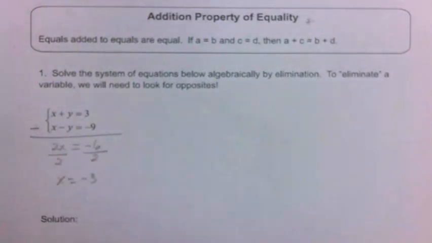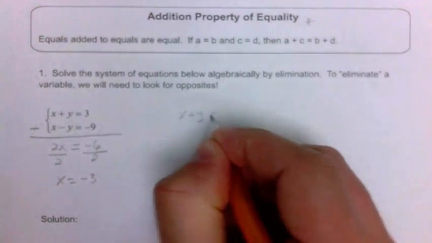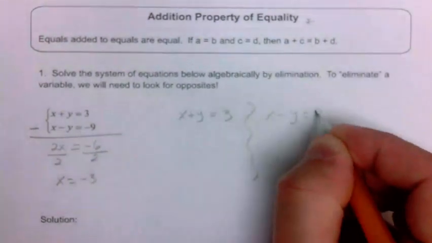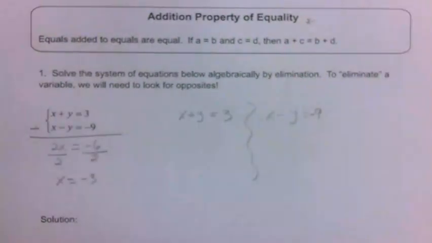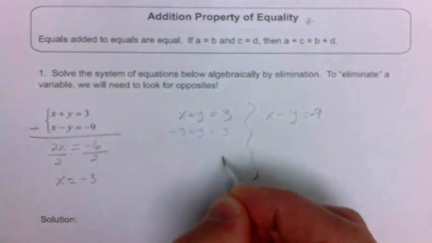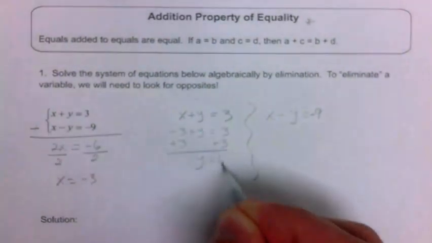Now that I know the value of x, I'm going to go back and figure out the value of y by using the equations in my system. X plus y equals 3, and x minus y equals negative 9. In each of these equations from the system, I'm replacing x with negative 3. So negative 3 plus y equals 3, which means if I add 3 to each side, y must equal 6.